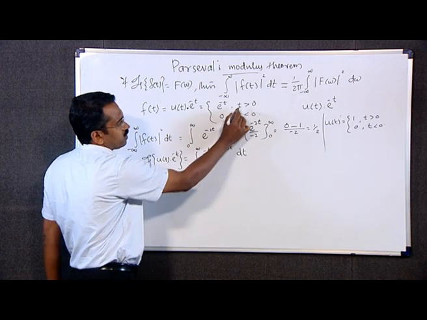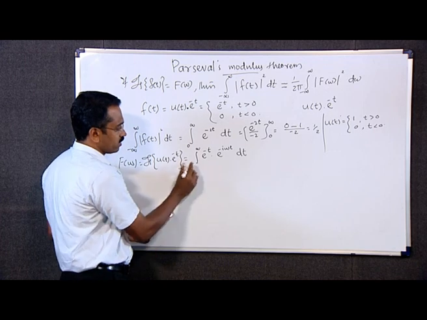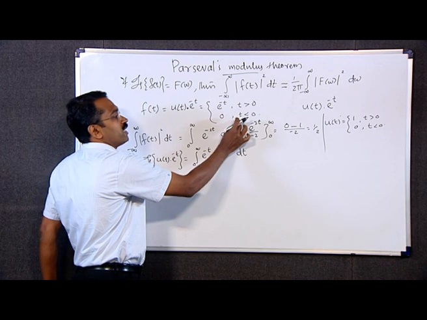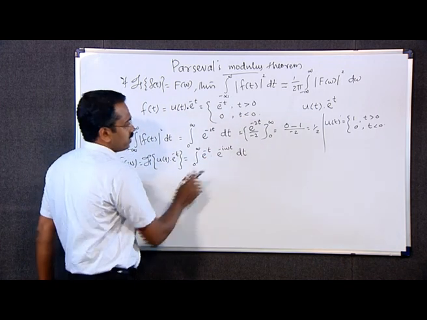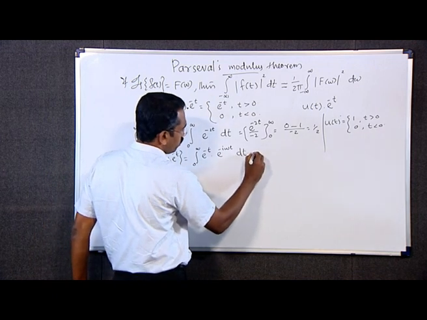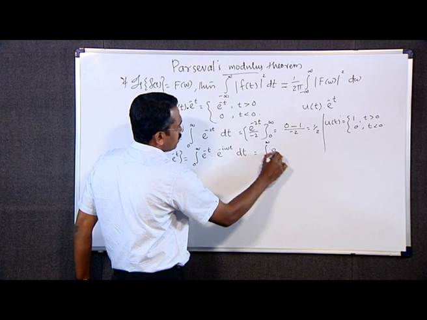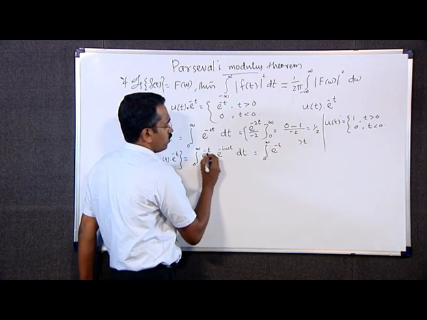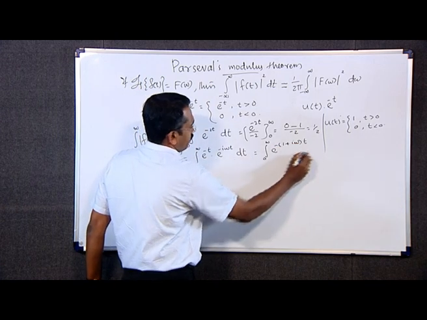Here e raised to minus t is for t greater than 0. Therefore, we can write this integral from 0 to infinity. For minus infinity to 0, the function is defined as 0. Therefore, this is equal to the integral from 0 to infinity of e raised to minus of t into 1 plus i omega dt.